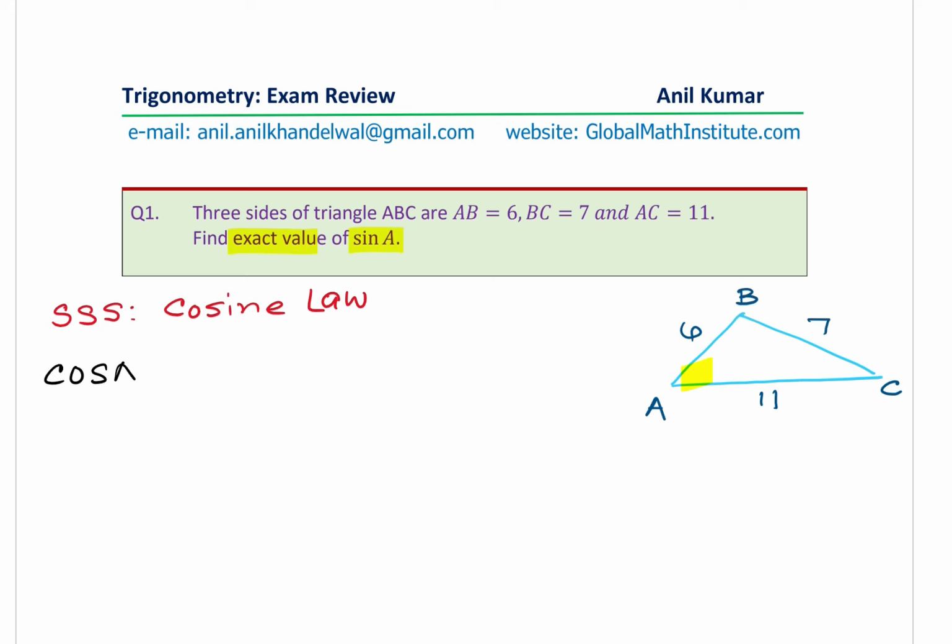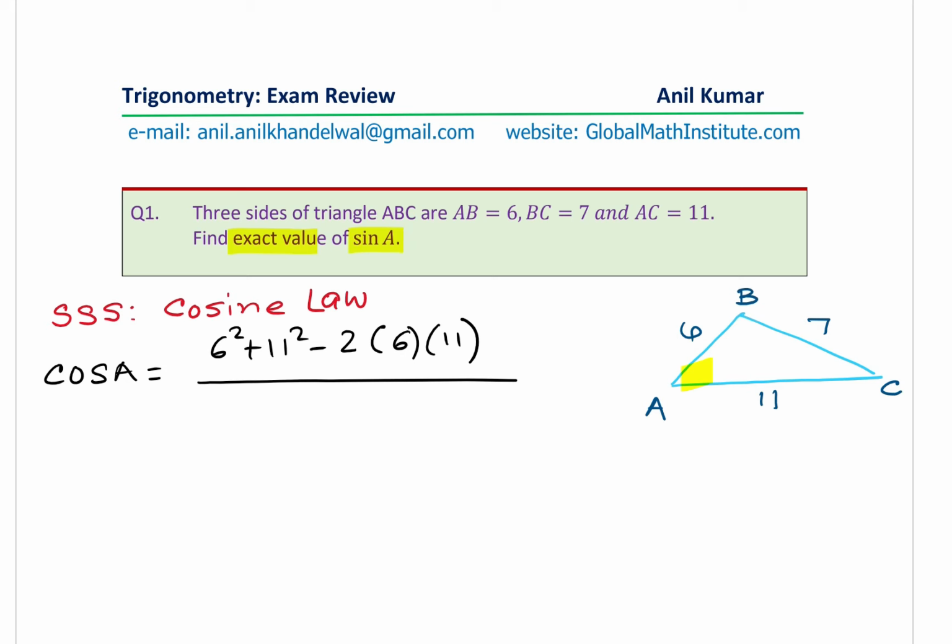Cos A will be equal to what? These two sides squared, add them up, 6 squared plus 11 squared, minus the third side squared, 7 squared, over 2AB, 2 times 6 times 11.